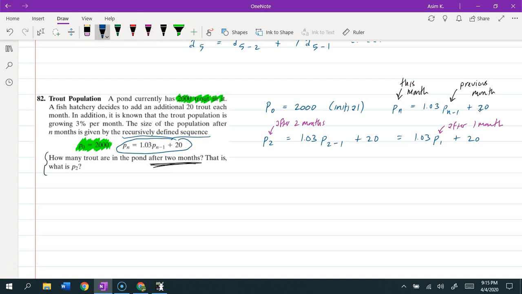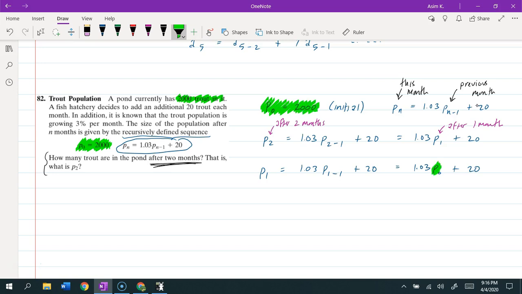So now you're like, wait, I need to find P sub 1. So in real life, this is how it would work. You'd be like, okay, 1.03 P sub 1 minus 1 plus 20 is the same thing as 1.03 P sub 0 plus 20. And now we're in business, because if you think about this initial condition they told us, they said P sub 0 is 2,000.